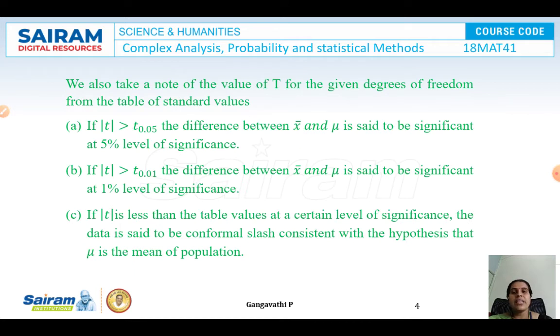There are a few things we need to remember before we get into the problem. We can take them as important points. Here we take the value of T for the given degree of freedom from the table of standard values.